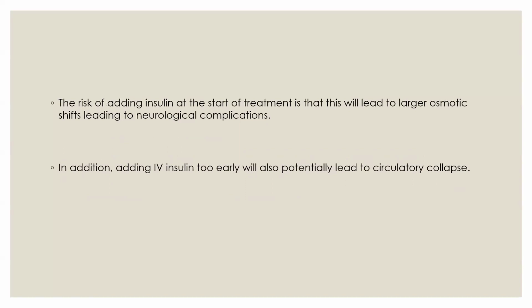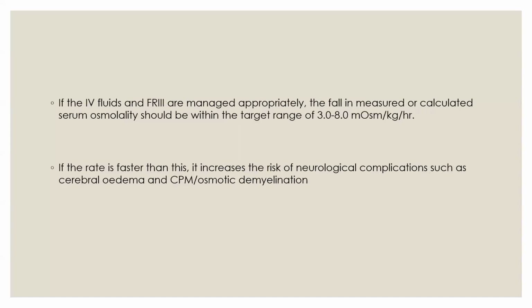The risk of adding insulin at the start of treatment is that it will lead to a large osmotic shift leading to neurological complications. In addition, adding IV insulin too early will also potentially lead to circulatory collapse.